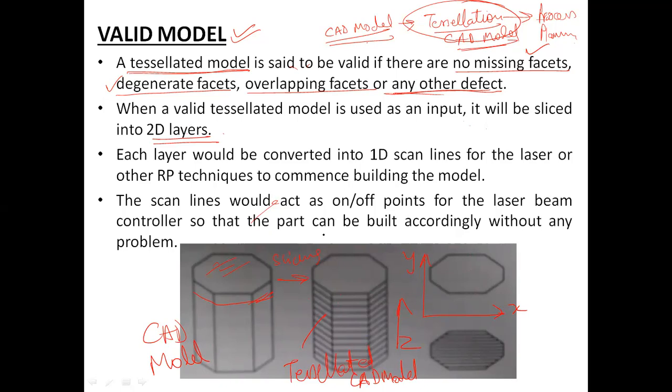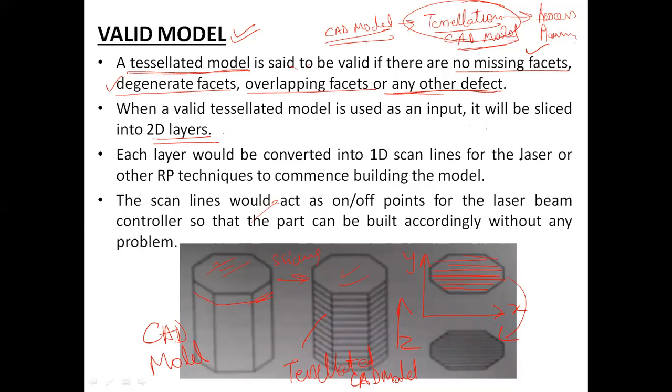So this CAD model will be sliced, and this sliced CAD model, for each layer, will look like a 2D layer. Now, once you have a 2D layer, in order to create it, the deposition will be done like this, which is reflected in this figure. So how is this layer going to be generated? This layer is going to be generated by scanning in one direction of a contour, which will be reflected as a build model.